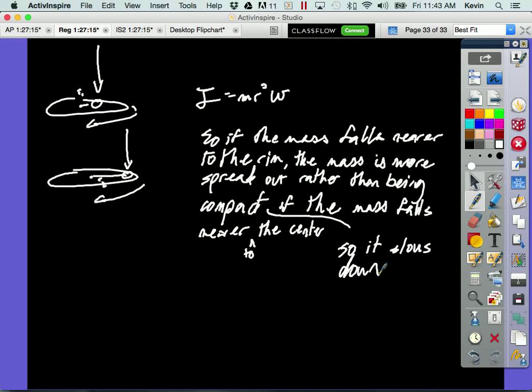You know that the inertia is m(r) squared. Because the ball is falling near the center, the mass is the same, but the R is different because it's closer to the center, so the starting point is smaller.